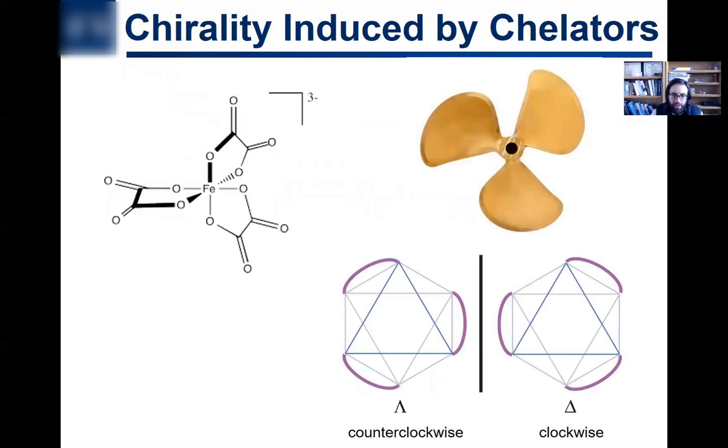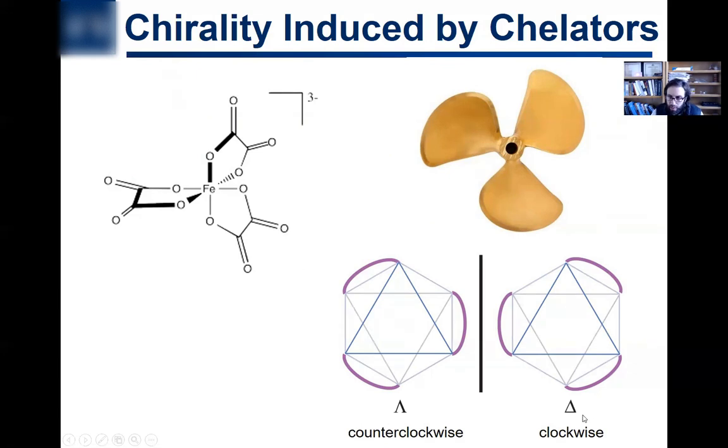Just to briefly talk to you about the chirality that can be induced by the ligands. Consider, for example, these propeller type molecules where you have equivalent bidentate ligands binding on 3 different sites. This doesn't have a mirror plane, and this is a chiral molecule. So you have a right-handed and a left-handed version of this molecule.